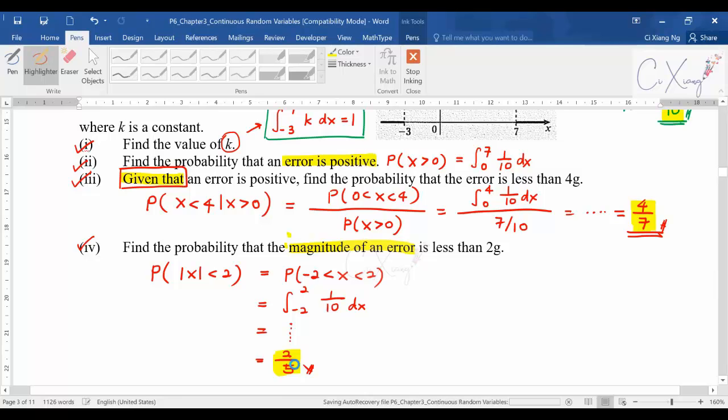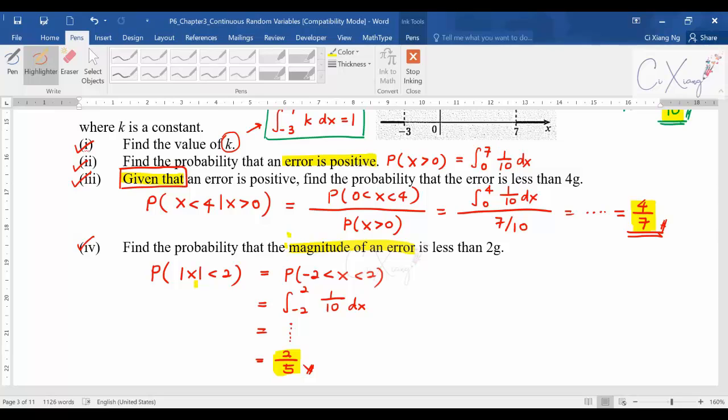Okay, so again, if you look at all the 4 examples here, generally I hope that you should have the idea already of how we use the property to find the constant and also find the probability for a continuous random variable. And particularly for this example 4, you realize that the graph itself is actually a shape, maybe like a rectangle, triangle, whatsoever.